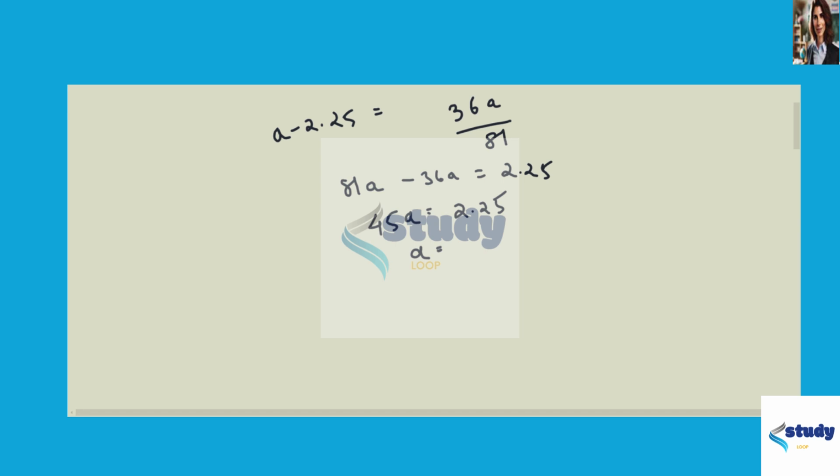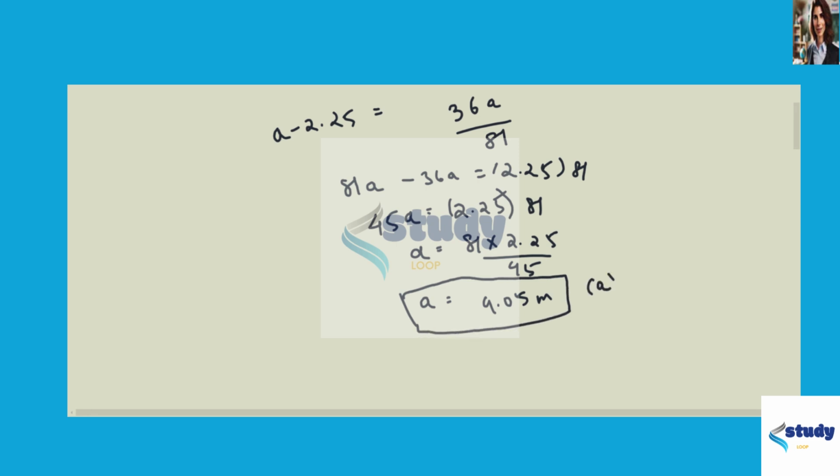I think we have done something wrong here. This should be 2.25 times 81, because the 81 is multiplied here. So 45a is equal to 81 times 2.25, and a equals 81 times 2.25 divided by 45, which comes to 4.05 meters. This is the solution to part A.